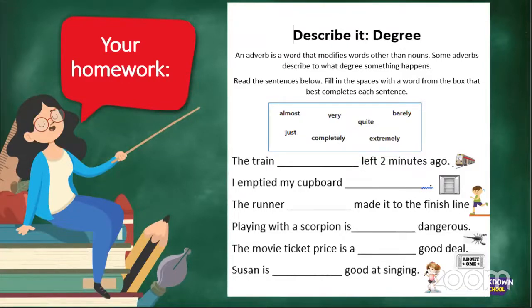The next one, something I'm very scared of, and we get it quite a lot here by us. Playing with a scorpion is dangerous. The next one, the movie ticket price is a good deal. And then Susan is good at singing.